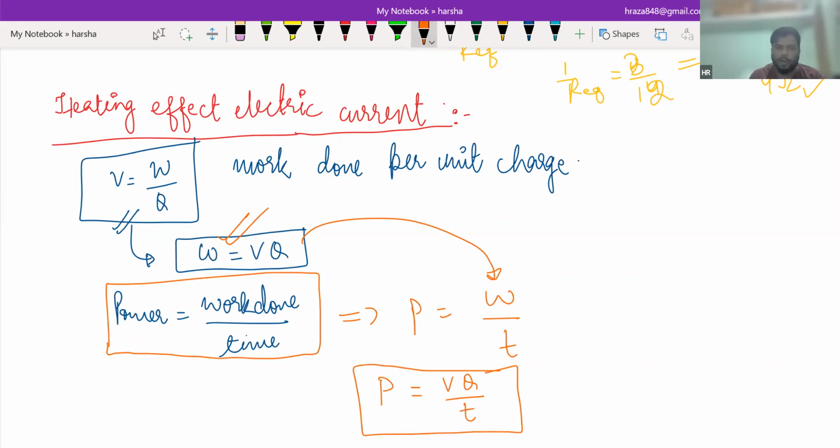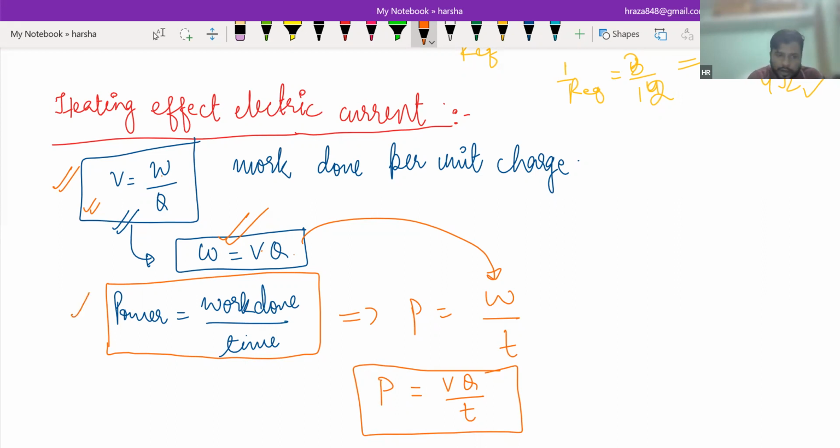This is very easy. Potential we have already studied in the beginning of this chapter. Potential is work done per unit charge, so I wrote it in mathematical equation V is equal to W by Q. With the help of this equation, work done W will be equal to V into Q. This W is work done, Q is charge, and V is potential.